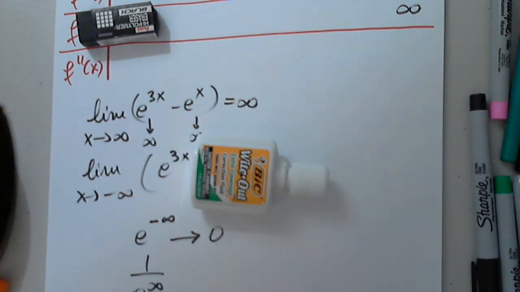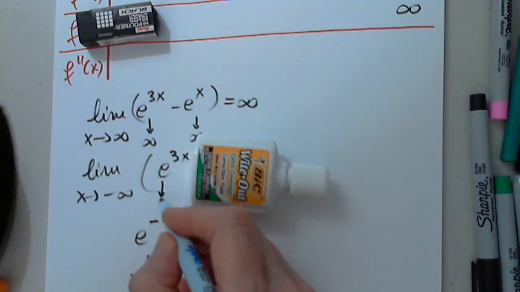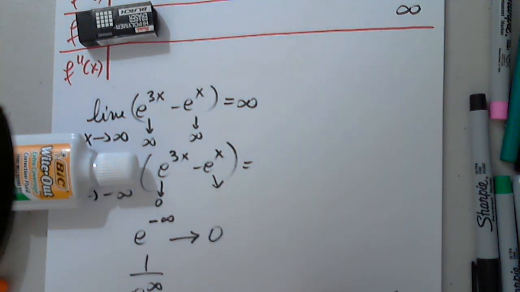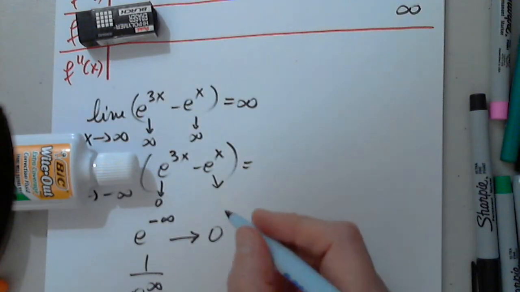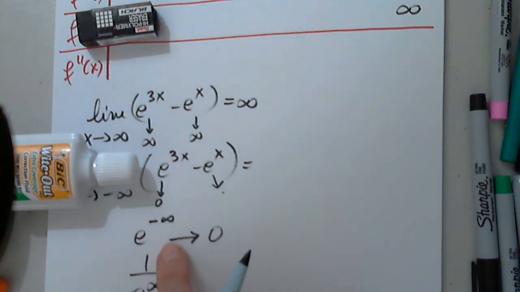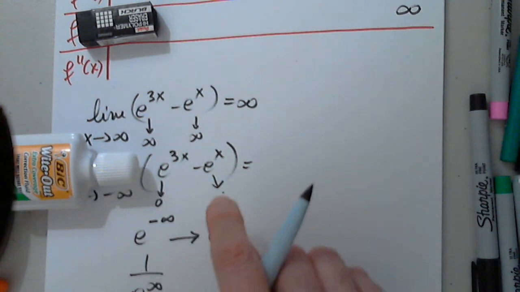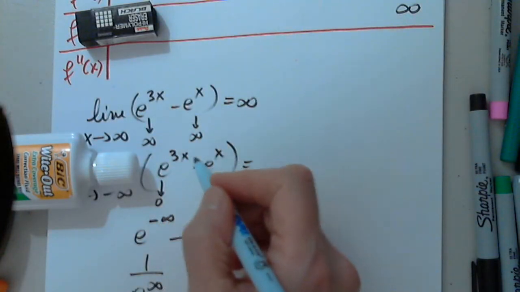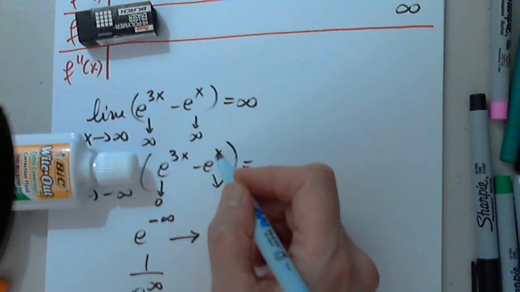Closer to 0. Excellent. So this approaches 0. Very good. What about this one? To negative infinity. It's the same thing. It's still e to negative infinity. It's still 1 over e to infinity. It doesn't matter if it's 3 or 4 or 1.